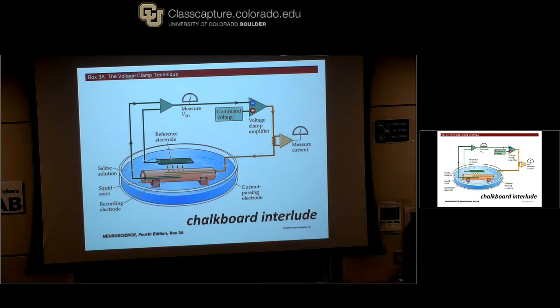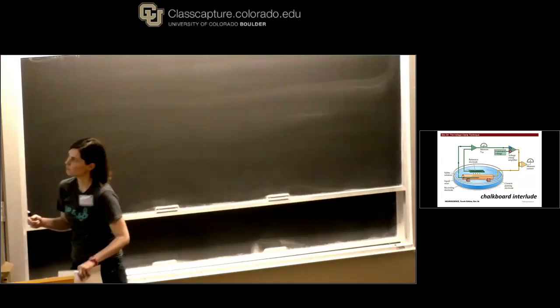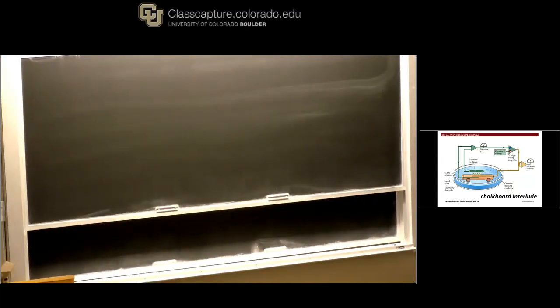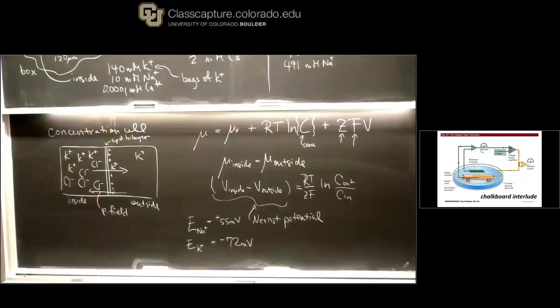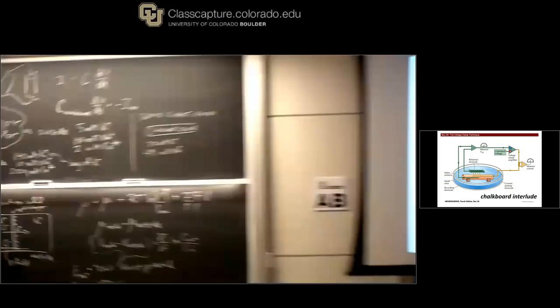We can think about this as a simple 1D dynamical system. So let me redraw this. Let me just talk about it here. We're grounding this bath, so outside is set to 0. That's our reference electrode, 0 millivolts.